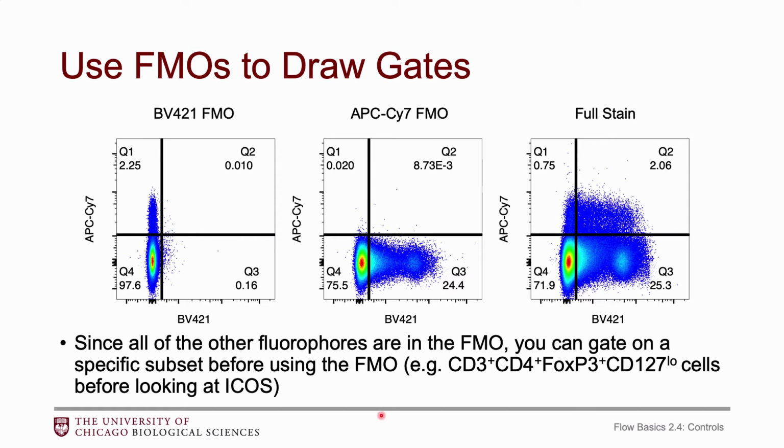Also note that with the FMOs, you have almost all the antibodies in the tube, which means that you can actually gate on a specific subset of cells. So, if you want to use these 4 markers to gate on regulatory T cells using your ICOS FMO, then you can compare the ICOS FMO to the full stain sample to look at ICOS expression.